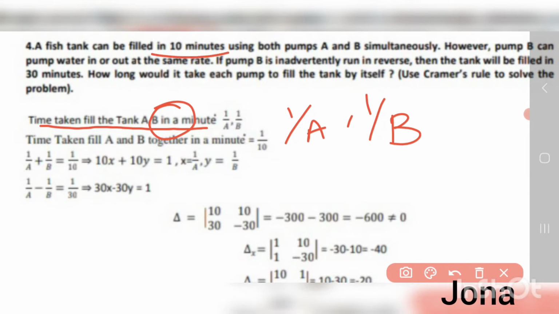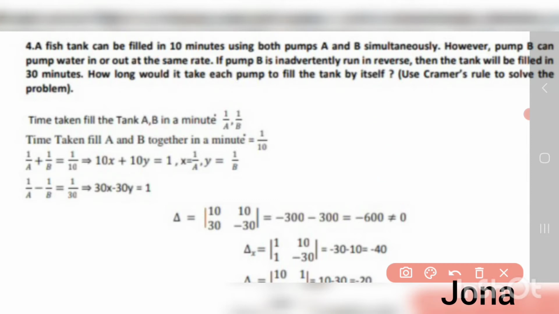But here, per minute, how much is taken by A and B? So by A is nothing but 1 by A, by B is nothing but 1 by B. So the work done by A and B together in a minute is nothing but 1 by 10.